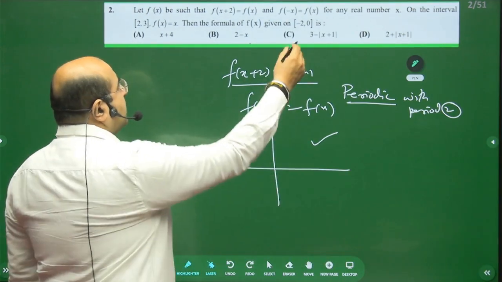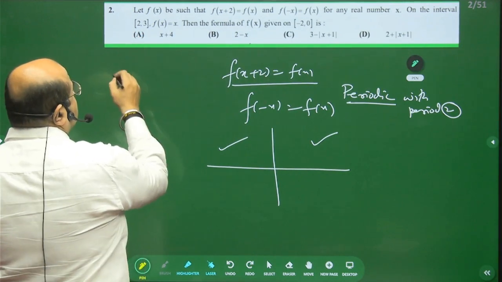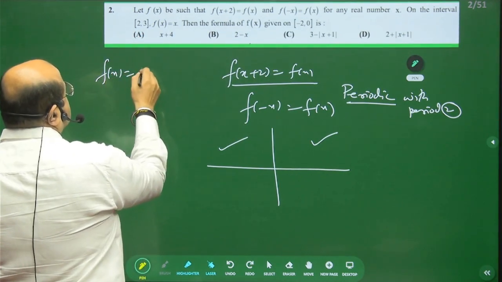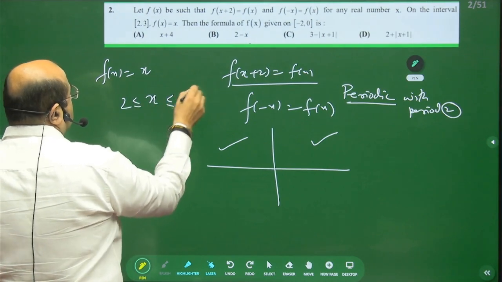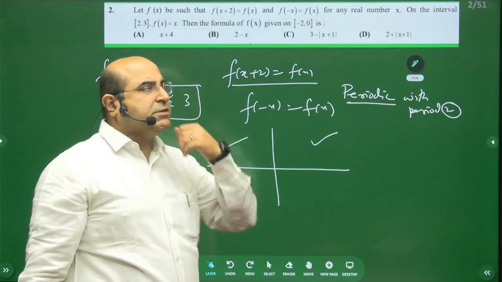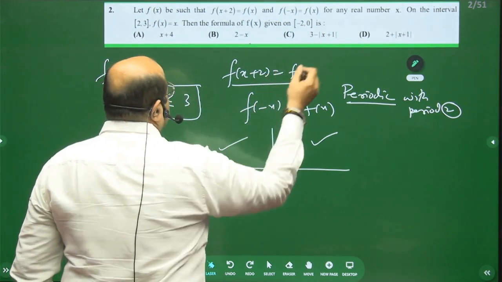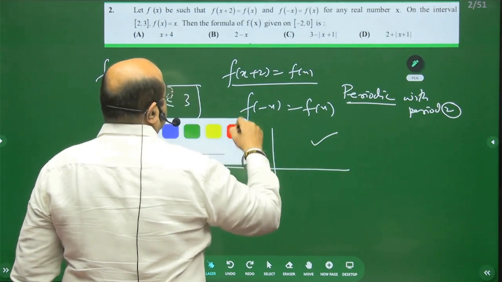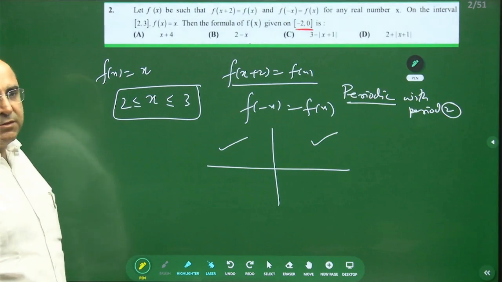My concern is that they are giving me f(x) equals x in 2 to 3. This is the main criterion you should remember, and you have to take the options into concern. Minus 2 to 0, I have to see the function. This is the interval in which I have to observe the function.